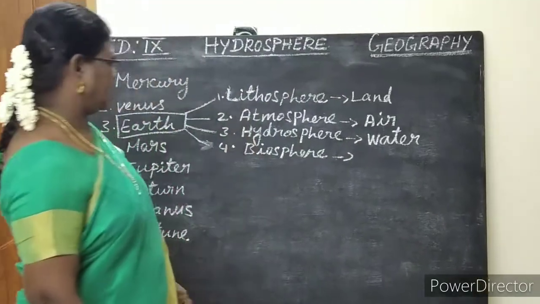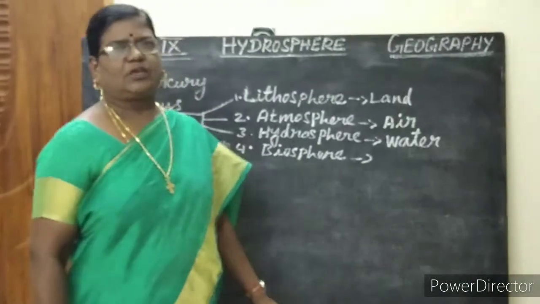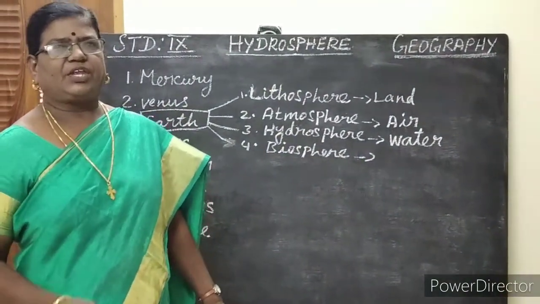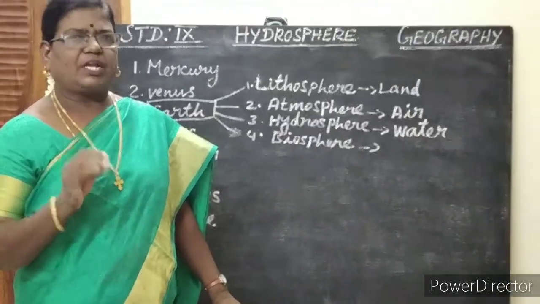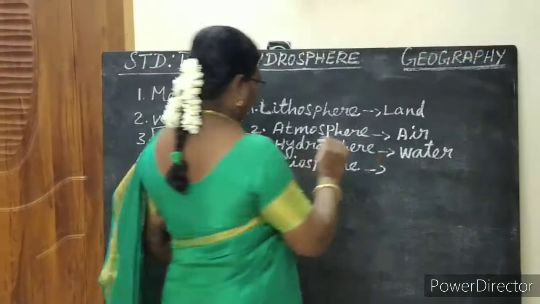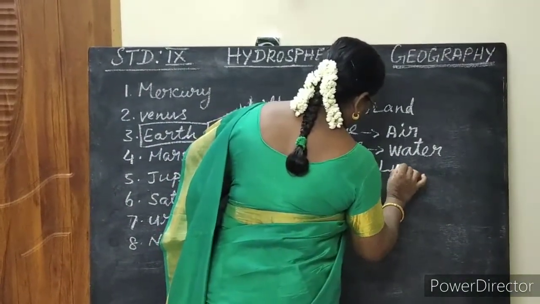What is biosphere? Biosphere is the layer of the earth where life exists, in which plants and animals can grow. This biosphere specifies living things.